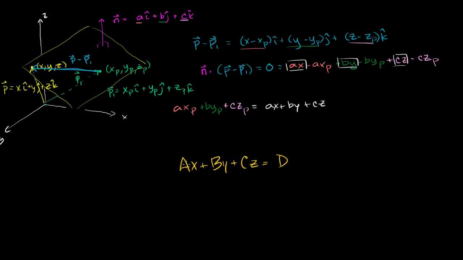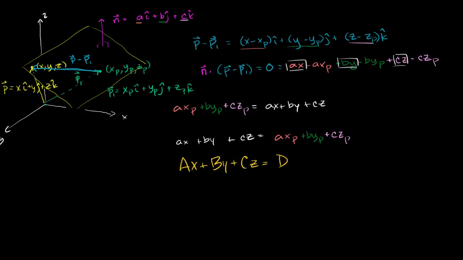Well, this ax plus by plus cz is completely analogous to this part right up over here. Let me rewrite this over here so it becomes clear. This part is ax plus by plus cz is equal to all of this stuff on the left-hand side. So let me copy and paste it. I just essentially flipped this expression.